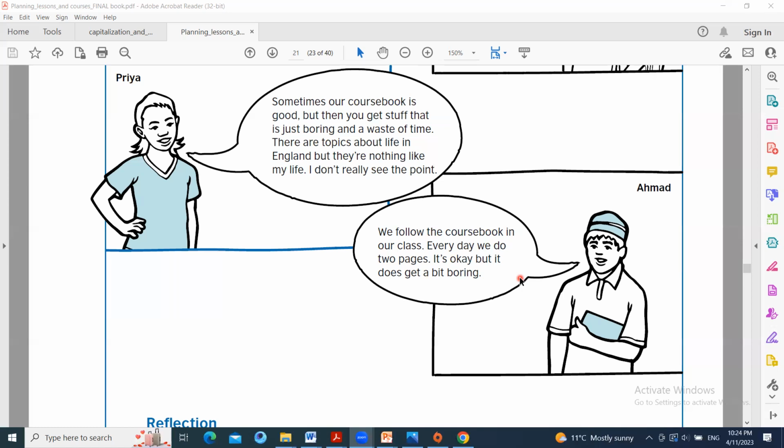And Ahmed's teacher should use the SARS principle. When you say SARS principle here, it means the letters SARS. S for select, A for adapt, R for reject, and S for supplement.